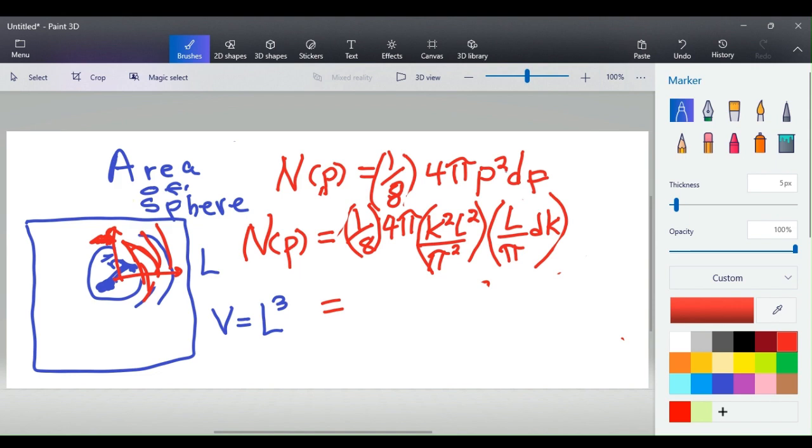Between the 4 and the 8, that's going to leave a 2 in the denominator. Put a 2 down there. Between these pi's, well, here's pi cubed, but then there's a pi up here, so that's going to leave us with 2 pi squared.